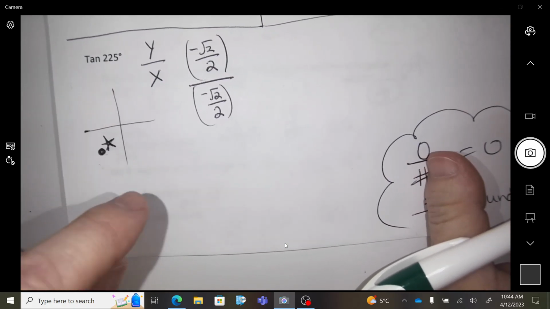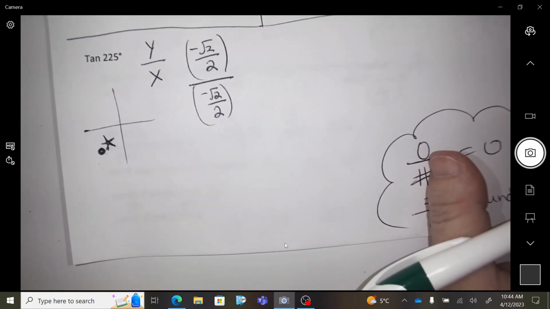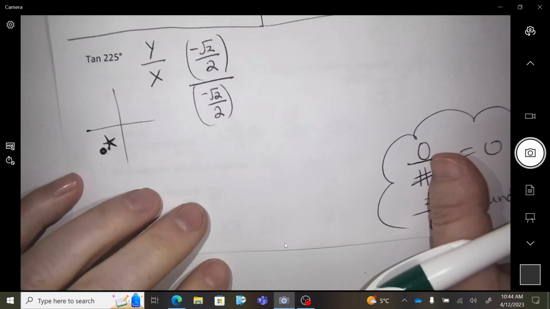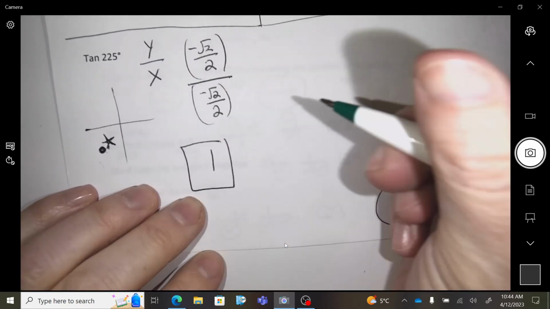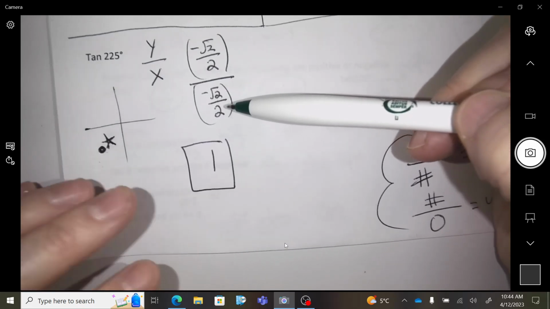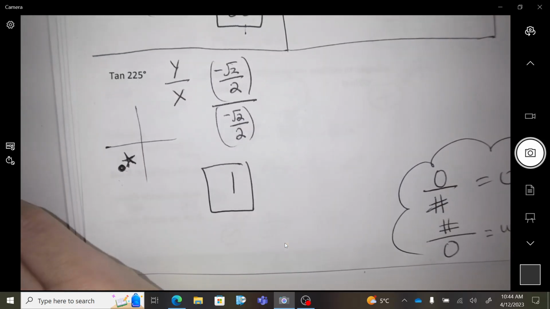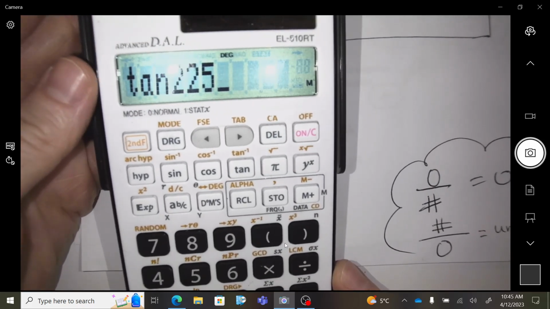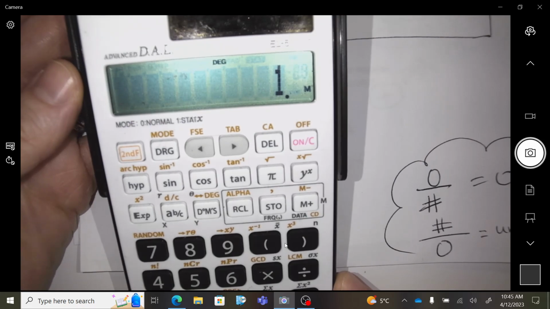I'm actually not even going to flip and multiply this. I just know it like that. What do you think it is? 1, because this is the same number divided by the same number. Watch this. Let's see if we're smarter than our calculator. The tan of 225 is, there we go, 1.